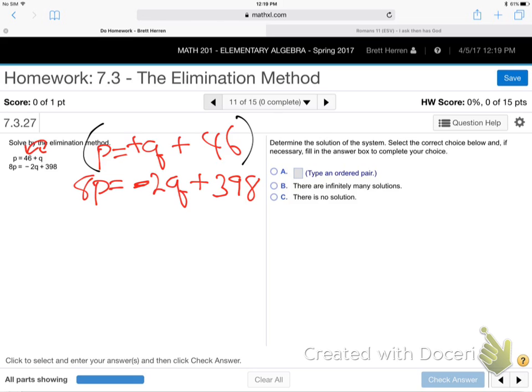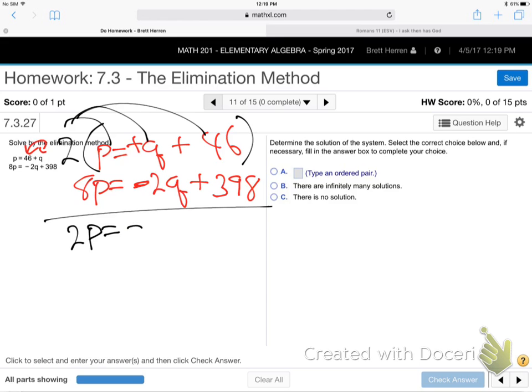So what am I going to multiply the top equation by? By 2. Positive 2. Good on that? See how that'll make positive 2Q, which is the opposite of negative 2Q? And the bottom equation, I just bring it down, no change.